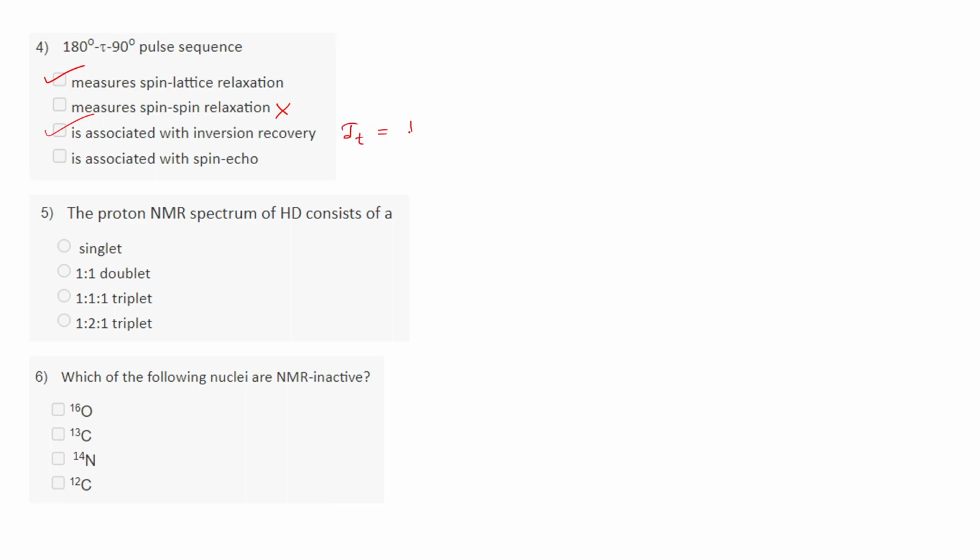I(t) equals I infinity, 1 minus 2 e to the power minus t by tau 1, which is the spin lattice relaxation time. Now, is it associated with the spin? Actually, no. Your spin relaxation is associated with spin echo, but spin lattice is not.